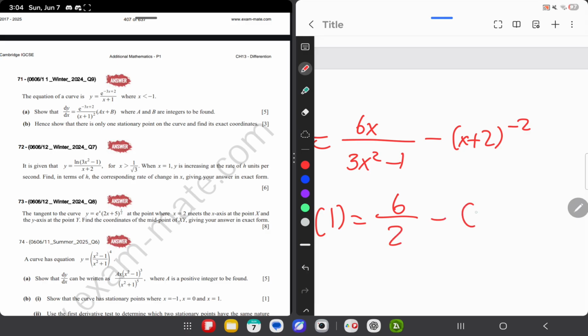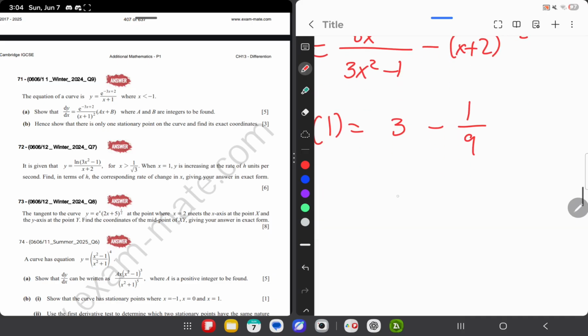Minus 1 plus 2 is equal to 3. Negative 2 is equal to what? 1 over 9. So this is 3 minus a ninth, which is what? 26 over 9.